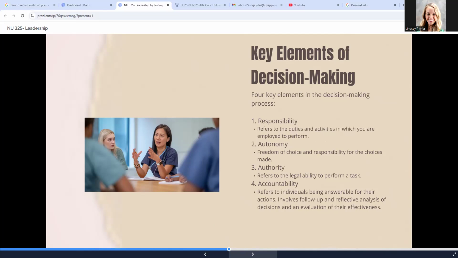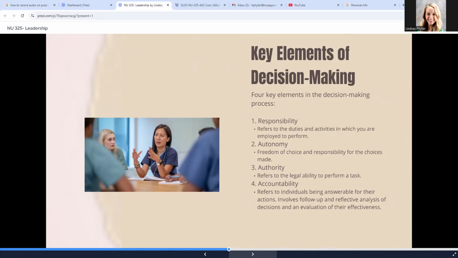So nurses have the ability to make autonomous decisions based on the presentation of the patient and based on the nursing scope of practice. The third element of decision making is authority, and this refers to the legal ability to perform a task. So nurses can use authority to determine whether or not collaboration was successful.